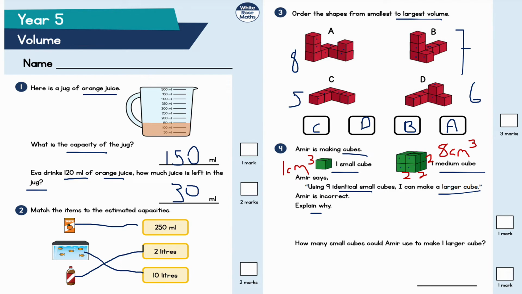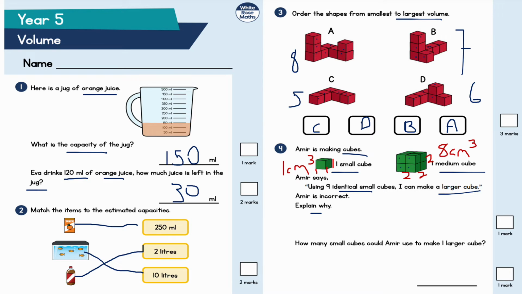it's cubes. It says, using 9 identical, I can make a larger cube. So Amia is incorrect. Explain why. Because this is looking at our knowledge of cube numbers. You can see here that 1 times 1 times 1, so it's length times base times height, is 1. Next one's 2 by 2 by 2.